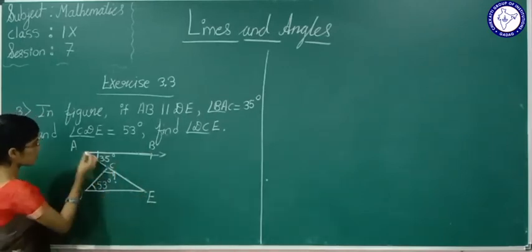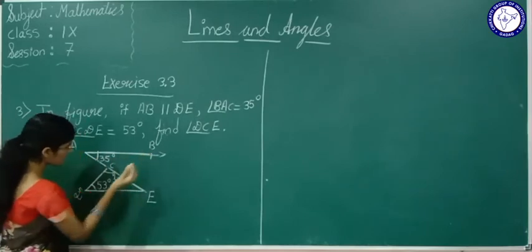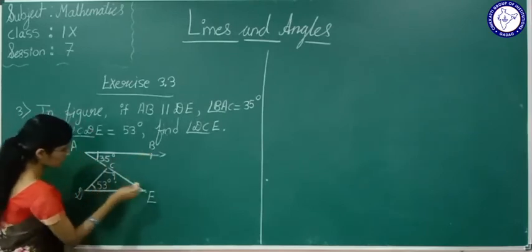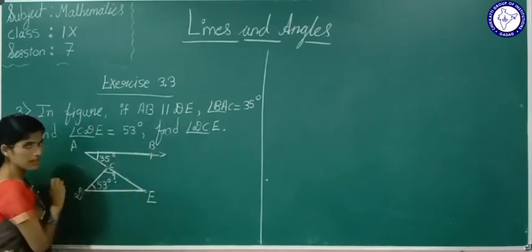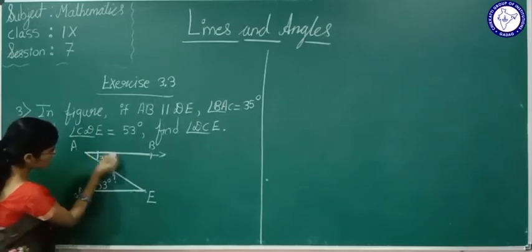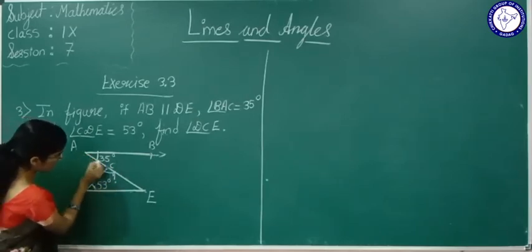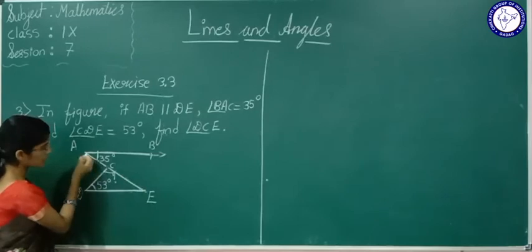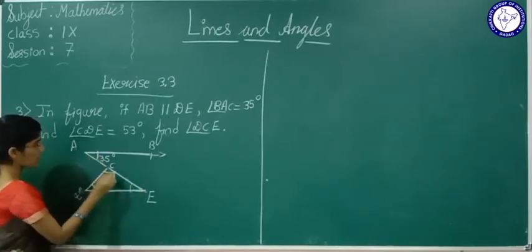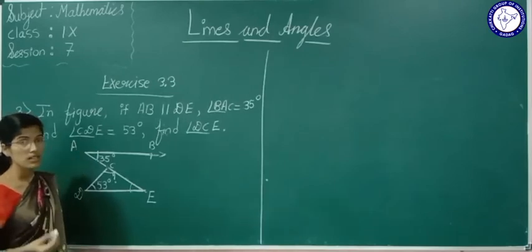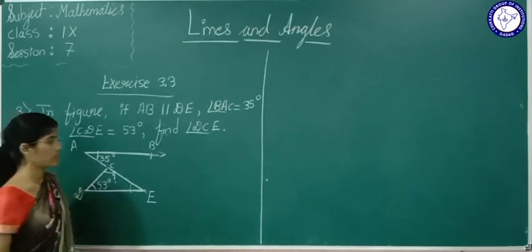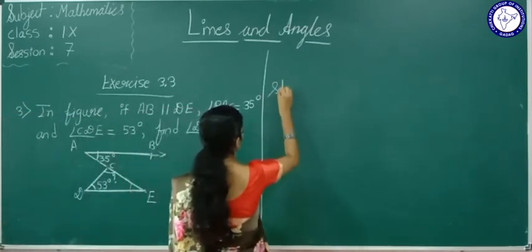Now see, students, here AB is parallel to DE. And if AB is parallel to DE and this line AE is a transversal, if AE is a transversal means alternate what? Alternate interior angles are equal. Yes or no? See our solution.